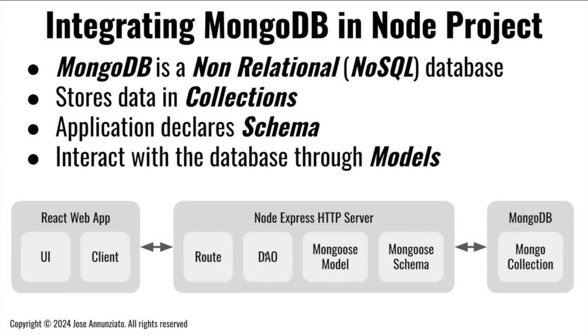So these DAOs, we have to rewrite them so that instead of using the local arrays and manipulating the local arrays, they are going to be using the model, right? The API that the model provides to talk to the database to implement all those updates, inserts, deletes, retrieval and whatnot. Also because it's running in a separate process, again, perhaps halfway across the world, this communication is now going to be asynchronous, right?